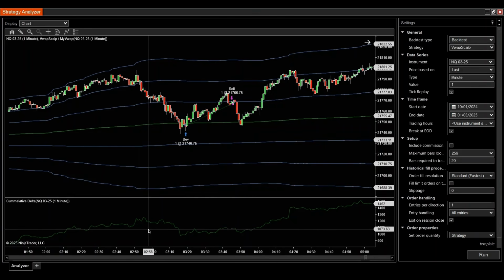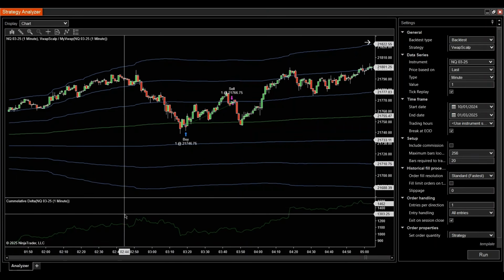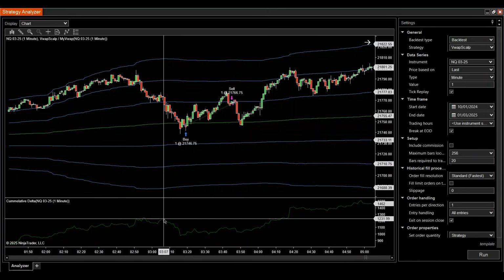Now, regarding the cumulative delta, for those who don't know, by definition, delta is simply the volume of the ask minus the volume of the bid. I won't get into that now because that's already order flow. In other words, if my cumulative delta throughout the session is positive, it means there were more aggressive buyers than aggressive sellers, or more buy market orders than sell market orders.